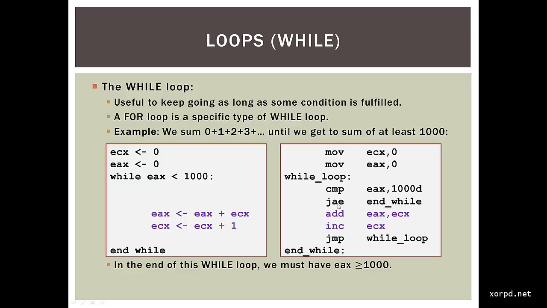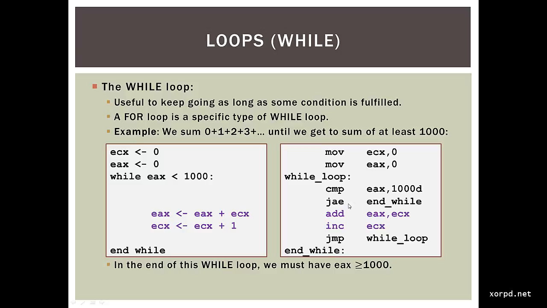And maybe not very surprisingly, we check the opposite condition. We are going to check if EAX is greater or equal than 1000. If the opposite condition is fulfilled, then we immediately exit the loop. We jump to end while.